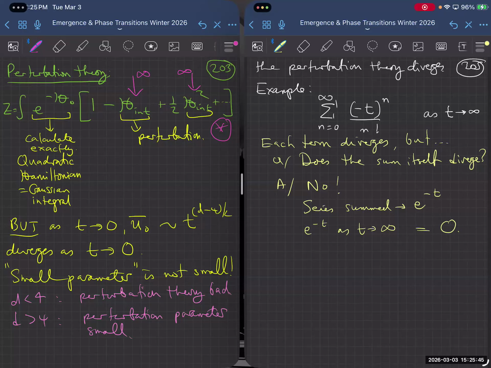So there's a very deep mathematical connection between asymptotics of series and what we're doing in field theory. Okay, so I think that's what I want to say about that. There are some other comments.